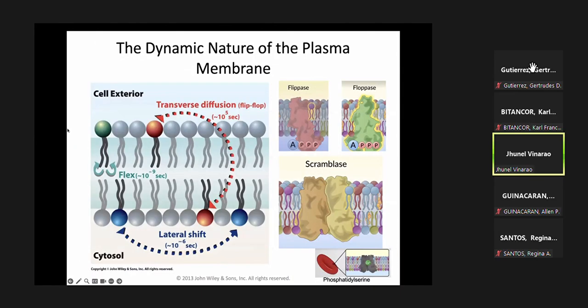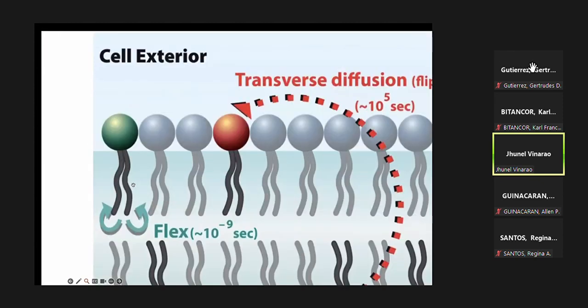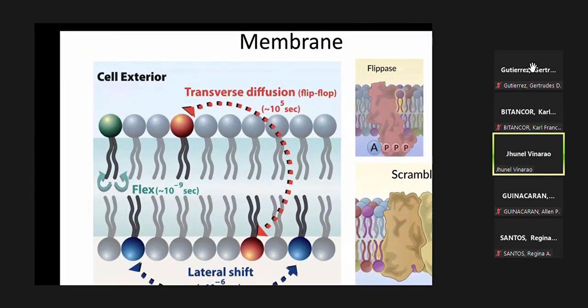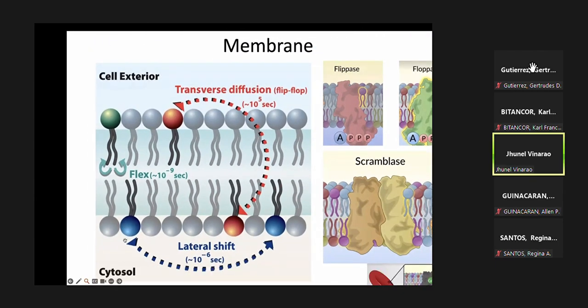And yung ating lipids, yung ating lipid bilayer, ano yan? Asymmetric yan. Hindi equal yung distribution sa non-cytosolic and sa cytosolic monolayer. And yung mga lipids na to, nagmo-move din yan. So, yung mga movement ng mga lipids na to can be in lateral or in transverse.